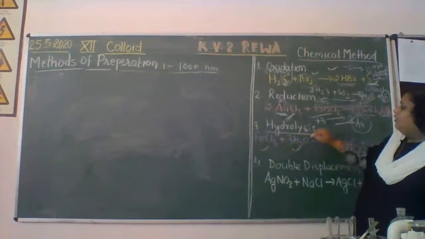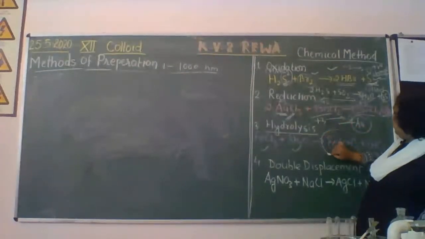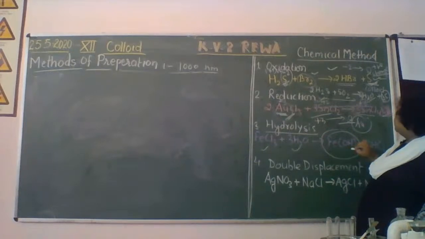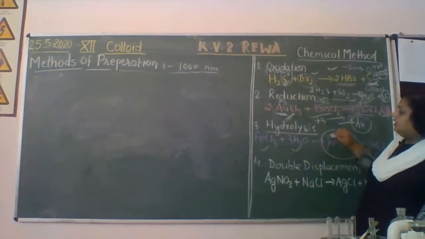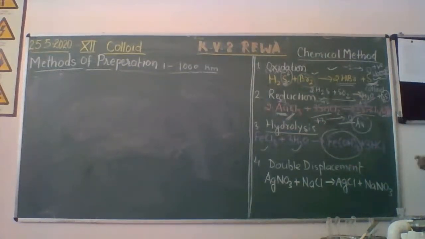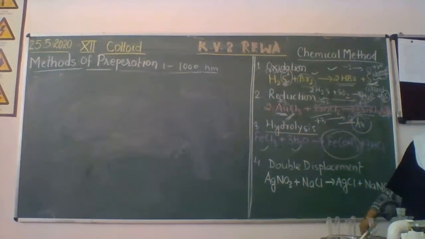FeCl3, when it is dispersed in the water, what happens? Fe(OH)3 is formed, ferric hydroxide is formed. Since this reaction is carried out by the reaction with water, that's why this is called the hydrolysis method.